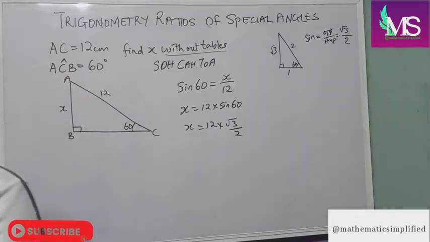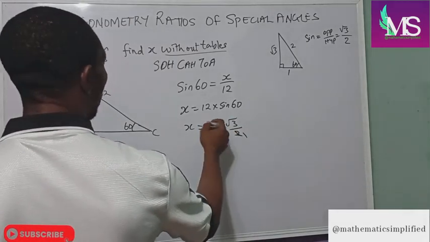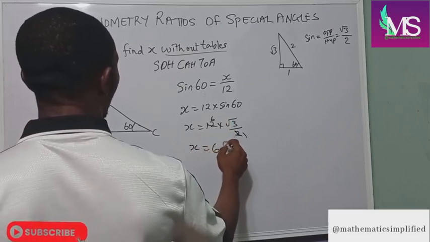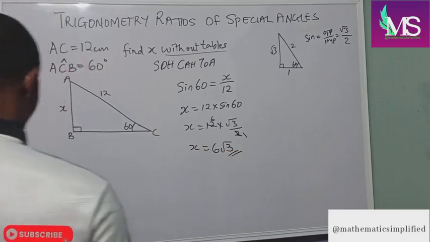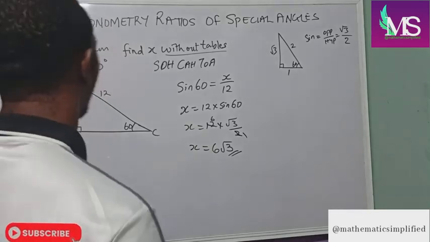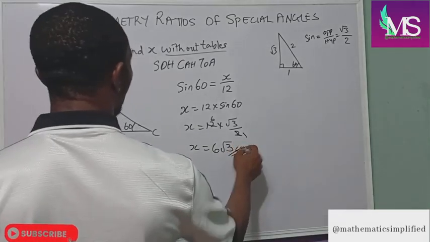So this here 1, this here 6. Our x will give us 6 root 3 as our answer. So our answer will become 6 root 3 centimeters.